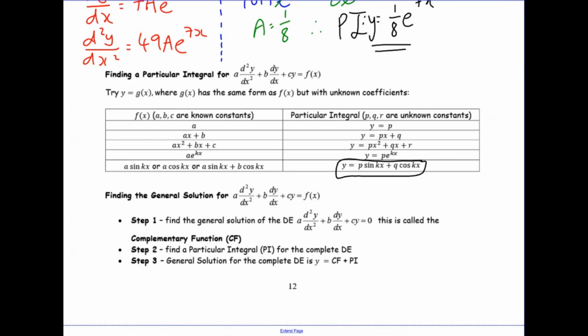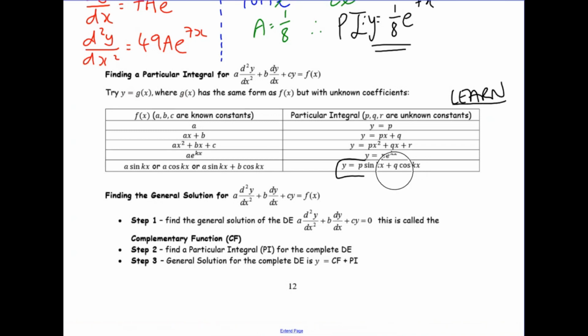But here is a table. It's definitely worth learning these, because these are some common particular integrals that you're going to need. There do exist other ones. Next lesson looks at trickier ones, but these are the standard ones that it's worth learning.